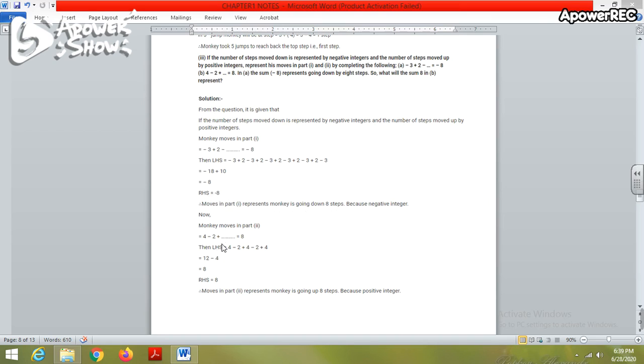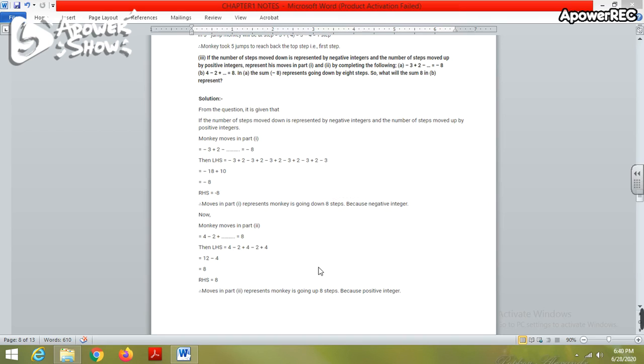Now in the second part the monkey is moving 4 steps upward and then 2 steps downward. Upward steps are represented by positive integers and downward steps by negative integers. So 4 steps upward means +4 and 2 steps downward means -2.